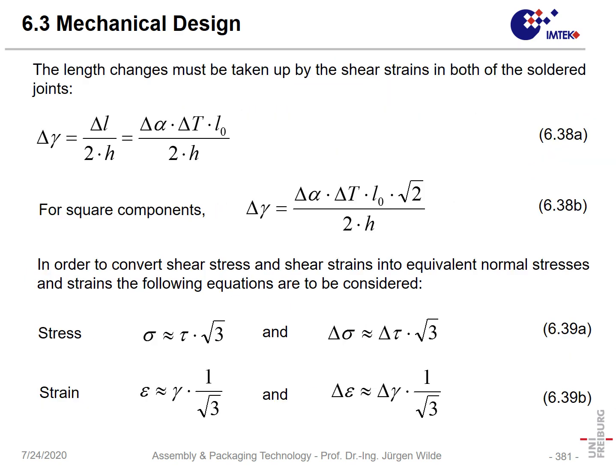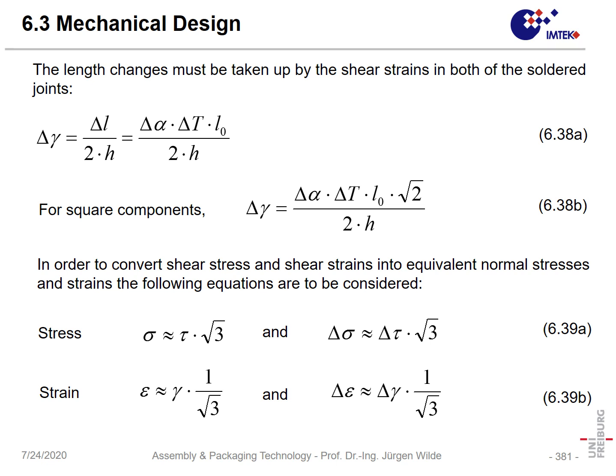Let's proceed. And so we can say the shear in one solder joint is delta L divided by twice the height, or delta L half divided by the height. And again, that's delta alpha delta T times L0 divided by 2h.